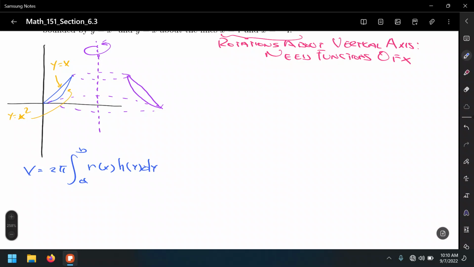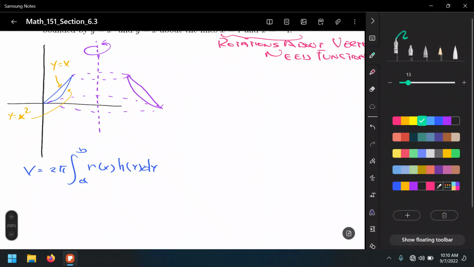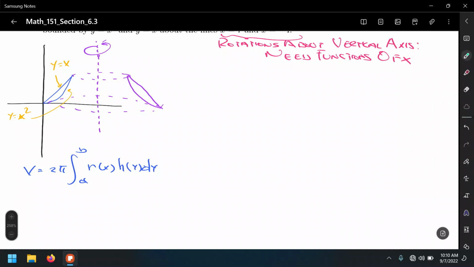So number 1, the radius right here, which is the distance between the axis of rotation to the outermost point in the rotation. In this case, the outermost point is given by x because it's a horizontal distance. So the solid spreads in a horizontal direction. But number 1, what's the, well, this is x equals 7. Which one would be, in this case, the outermost?